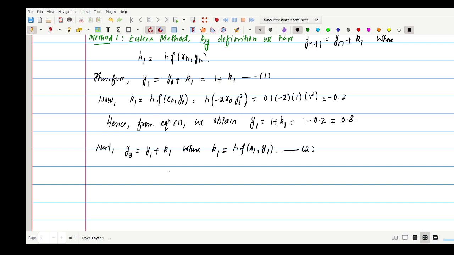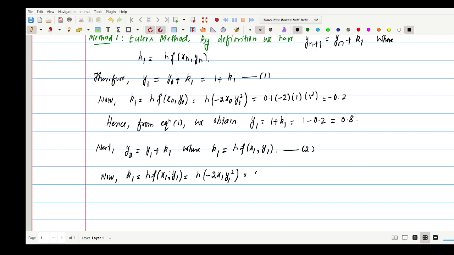Now first let's calculate k1 here. Our k1 is equal to h f of x1 y1, which by definition of f of x y is equal to h into minus 2 x1 y1 square.